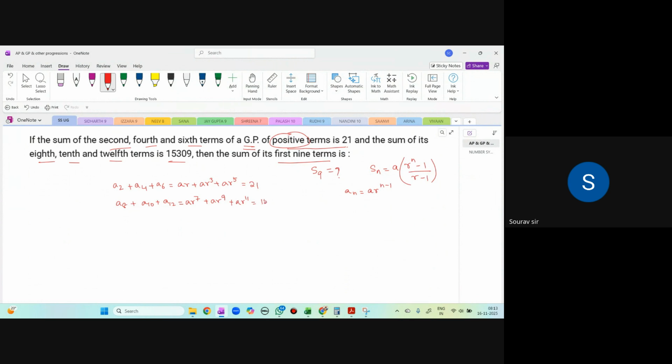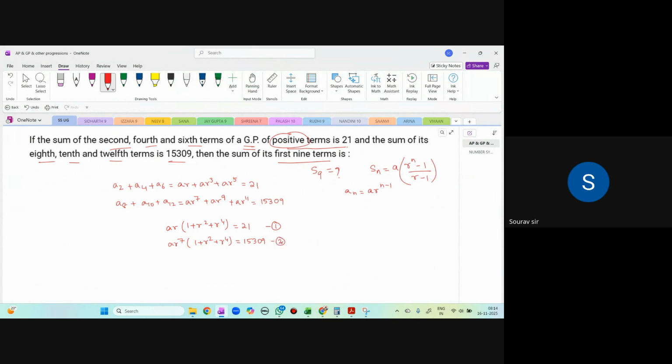This is given as 15309. So from the first equation, we can take AR out into 1 plus R square plus R4 is 21. From the second equation, we can take AR to the power 7 out into 1 plus R square plus R4 equals 15309.